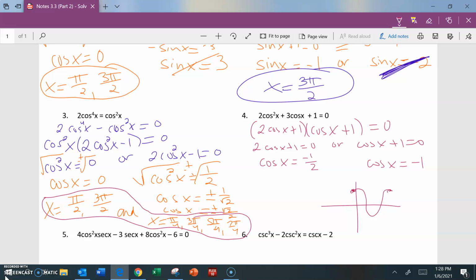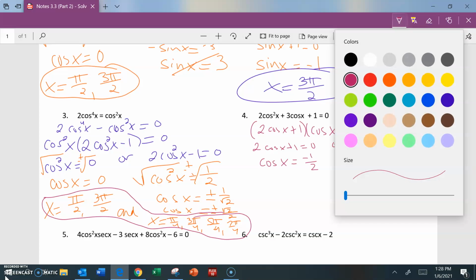This graph has a period of 2 pi, so even if you don't have the unit circle memorized yet, you want to know when that value is going to be at negative 1. That happens in the middle here at pi. So this is when x is equal to pi. I just want to remind you not to forget the graphs that we worked so hard on last chapter.